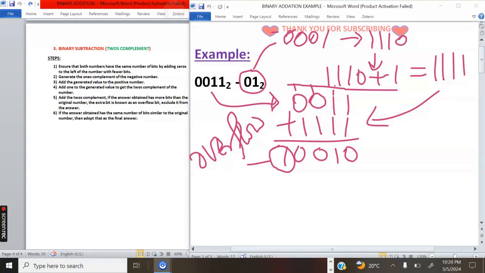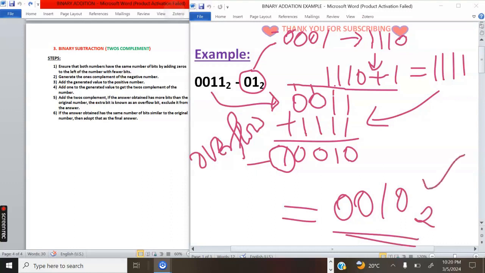Therefore, the final answer will need to exclude the extra bit. Therefore, my final answer will be 0, 0, 1, 0. That is our answer. So what we have done, we have excluded the 1. Hope that up to that point we are together. Okay, let's do our example number 2 so that you can get yourself conversant on how to do the whole thing.